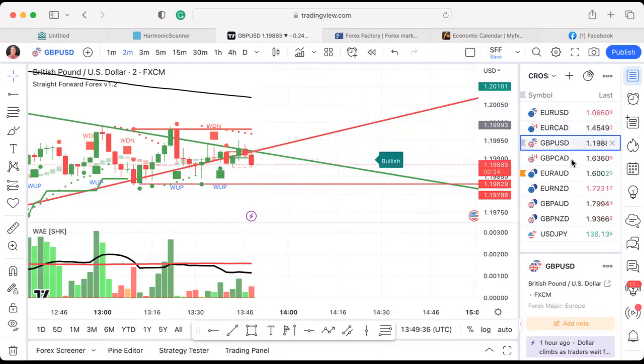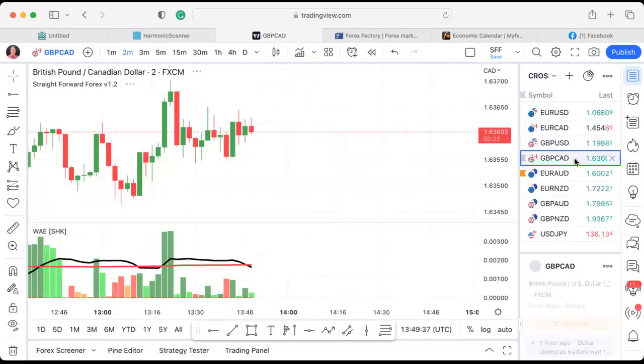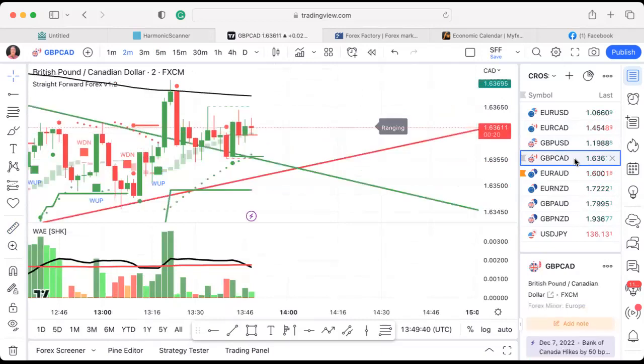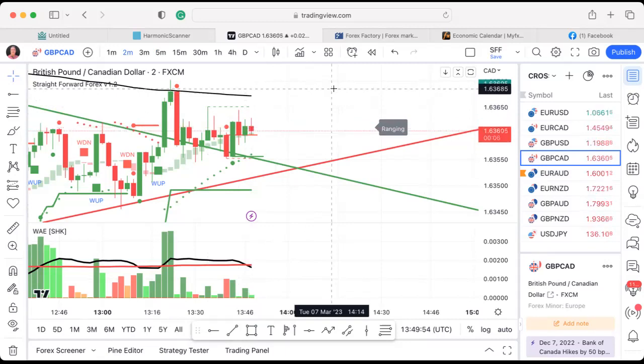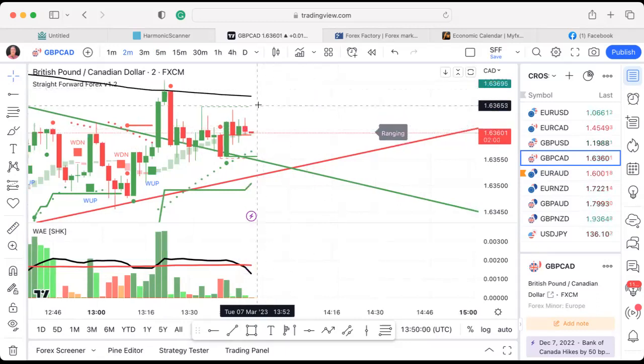Let's have a look at another pair. Now that's above the green line, but the first thing I see there is this dashed green line off the top of that wick on that candle. And that's something that Kevin programmed in. That's telling me that to break structure, price would have to break above that point.